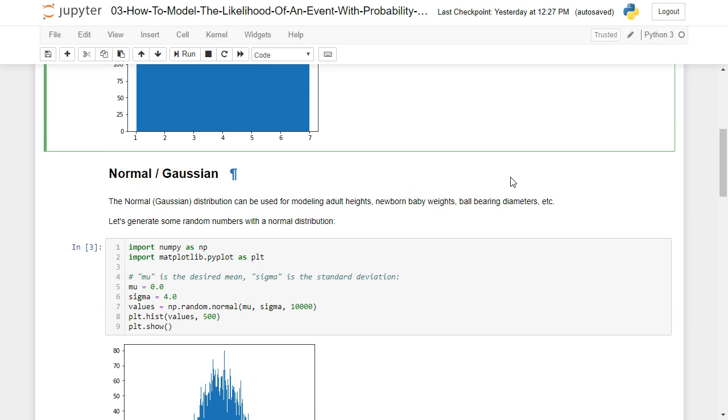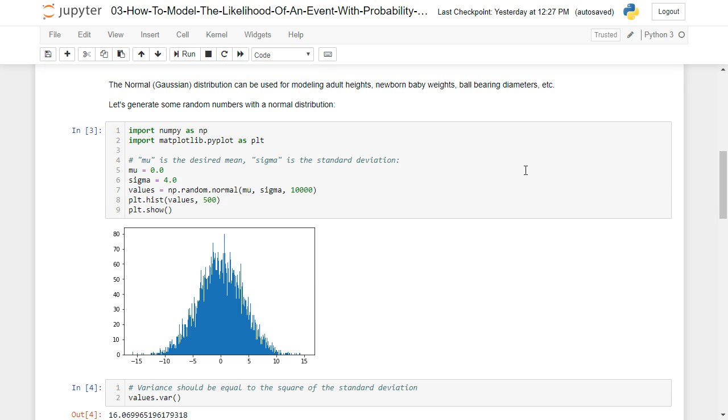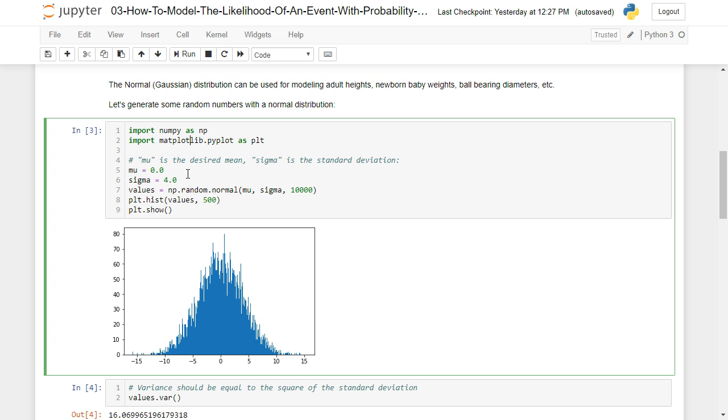Now let's look at the normal or Gaussian distribution. And this can be used for modeling things like the heights of adults, newborn baby weights, ball bearing diameters, and so on. Let's generate some random numbers with a normal distribution here and see what pops up. So we're going to have a desired mean of 0, a standard deviation of 4 in this example.